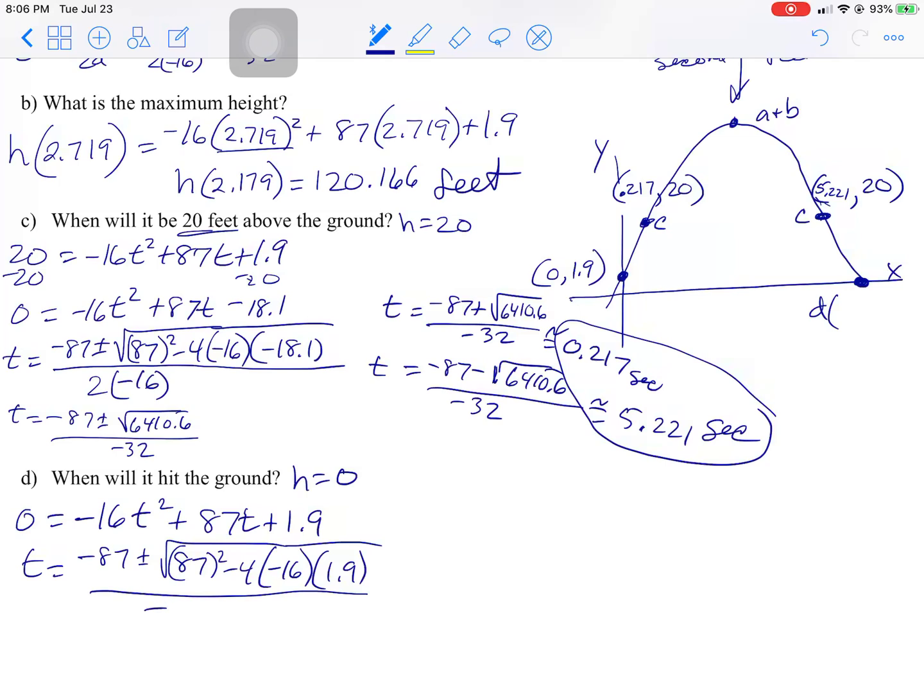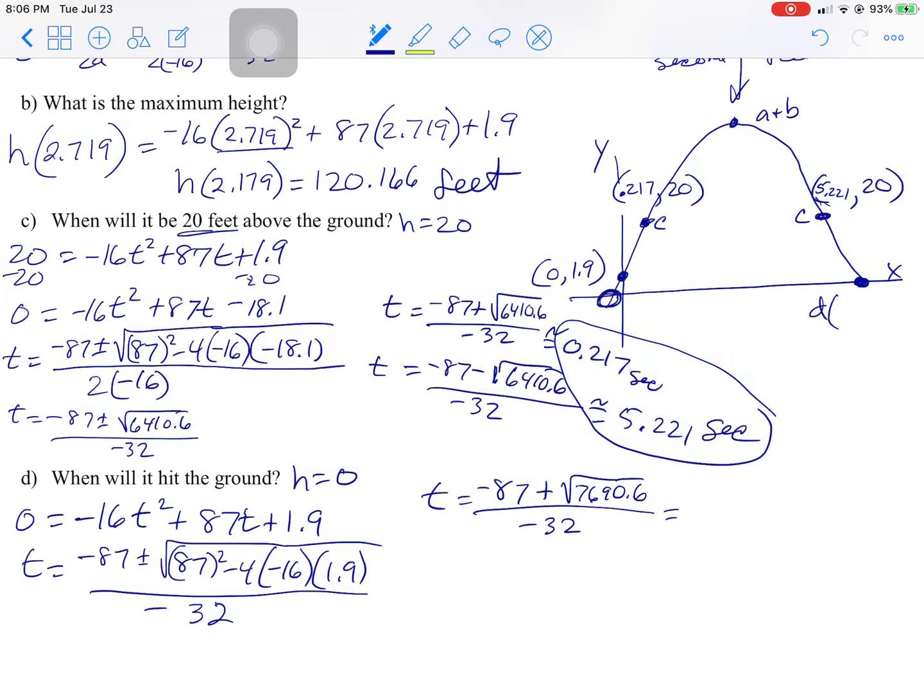times 1.9, over negative 32, right? 2 times negative 16 is negative 32. All right, so this is going to be t equals negative 87 plus, this comes out to 76906, over negative 32. Now, do we expect two numbers? Yes, we do. Right here is going to be the number we don't want, and this is the number we do want.